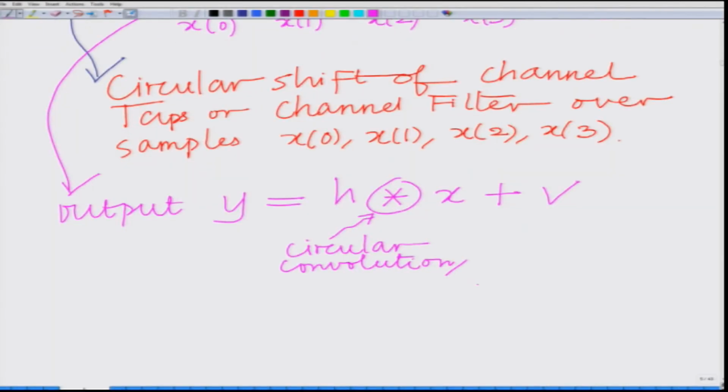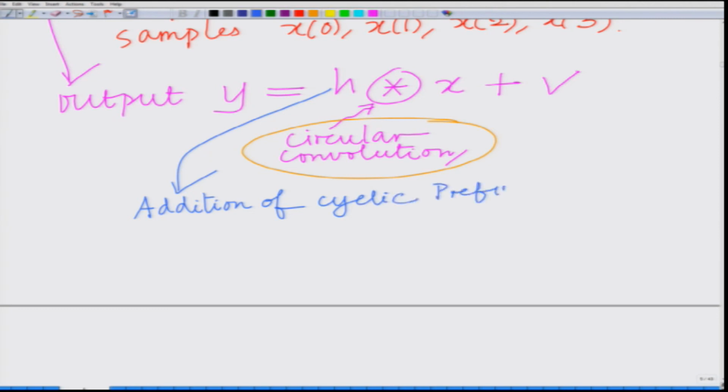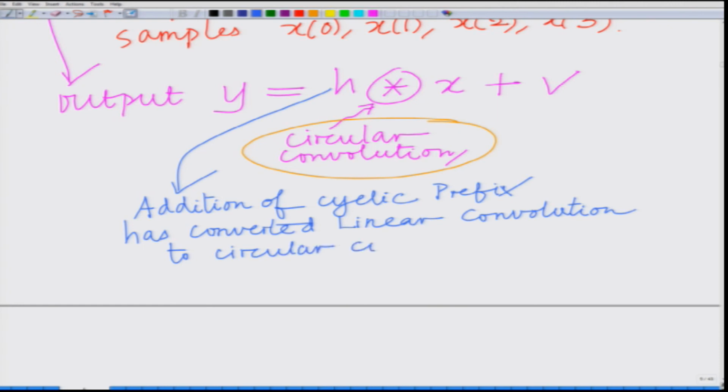This is the important point: by addition of the cyclic prefix, we have converted the linear convolution of the channel into a circular convolution.